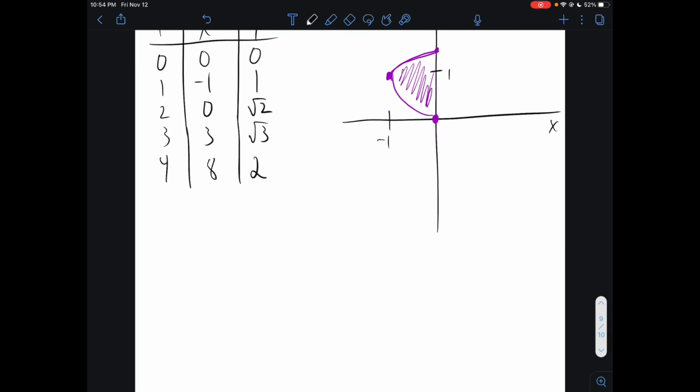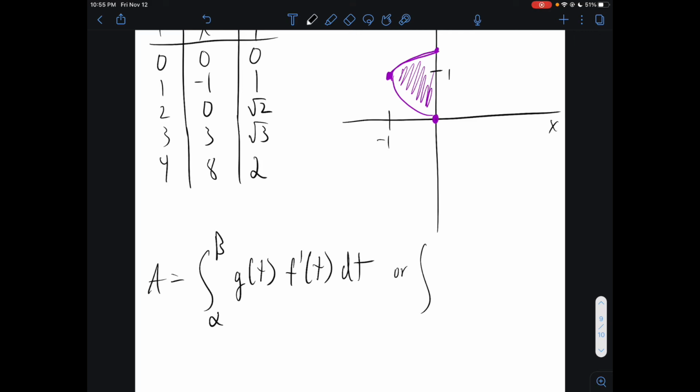So the equation for finding area, or I should say the integral, is from alpha to beta g of t f prime of t dt. That's where if we were defining y as g of t, so you could also write this as y, and then f prime of t is just really the derivative of x with respect to t, and then dt. Same idea.